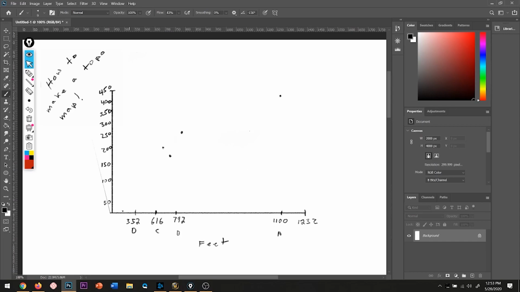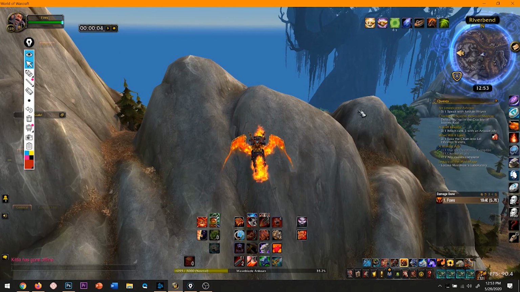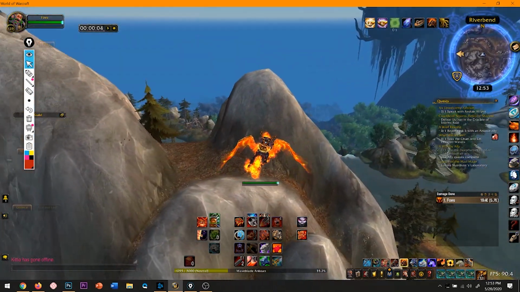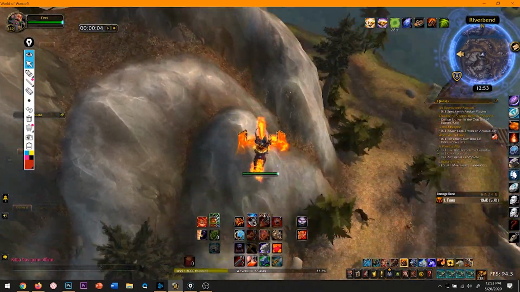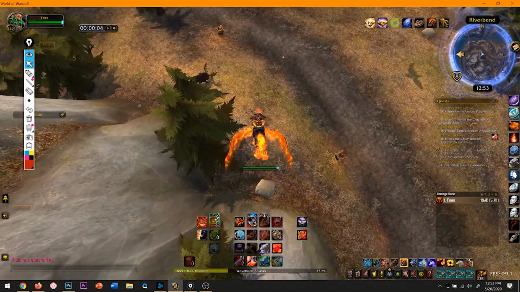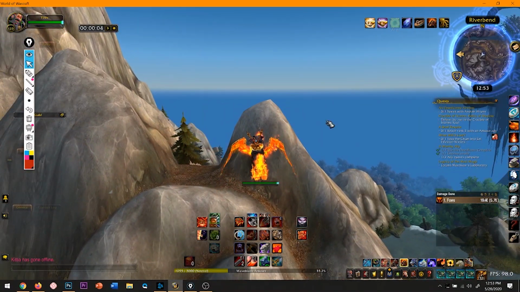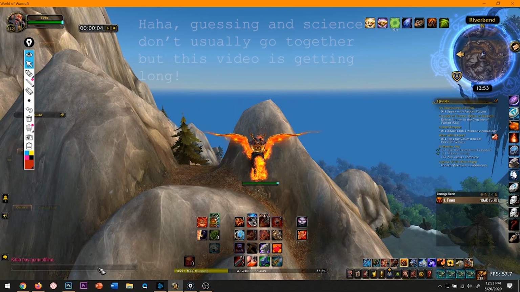Okay, we need the last one, 352 feet. That would be this guy over here. This looks like a little lower. So I'm going to say, we're just going to guesstimate this one.